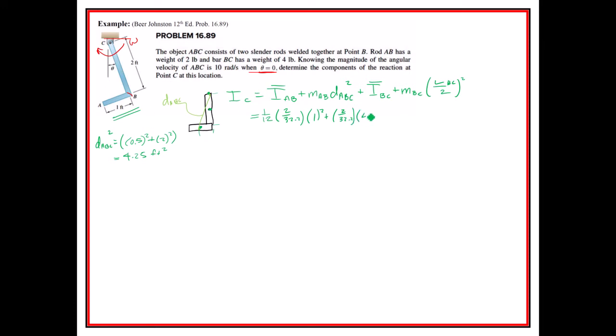This is already squared, so we just have to put the value in there. We saved a little bit of work right there.